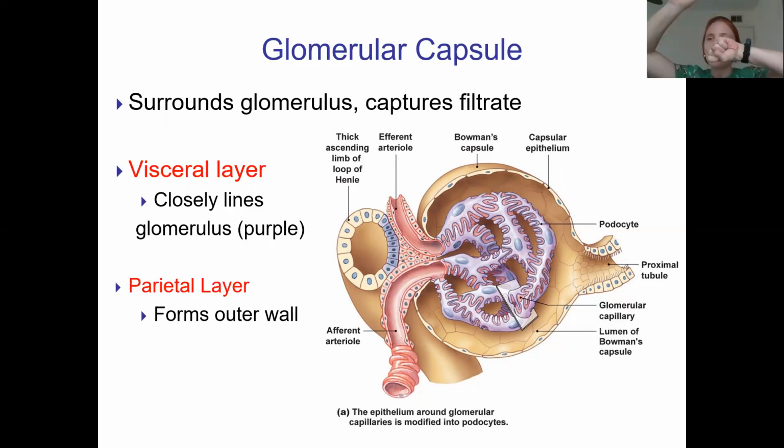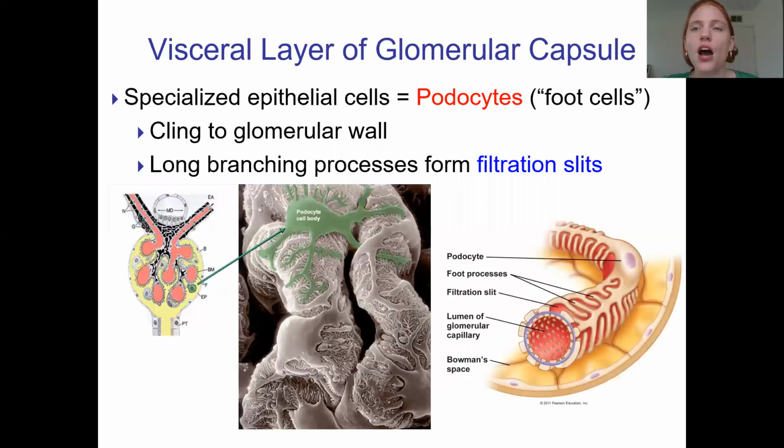And then not touching it, on the outer layer of the capsule, that would be the parietal layer. So here is the parietal layer, and this is the visceral layer. Now, the visceral layer of the capsule has very highly modified specialized cells, and those specialized cells are called podocytes.